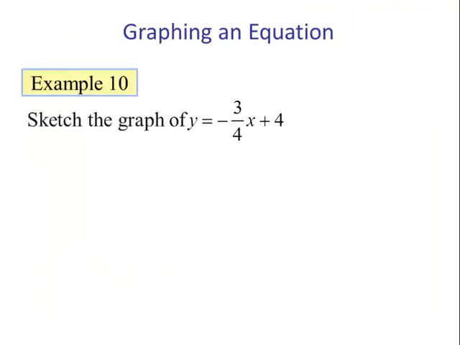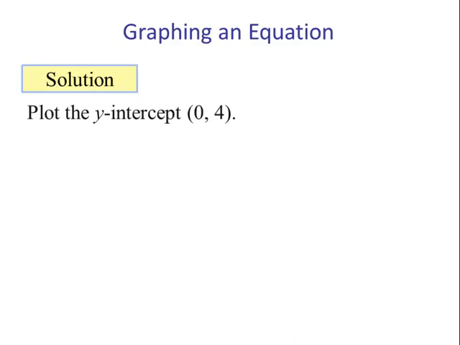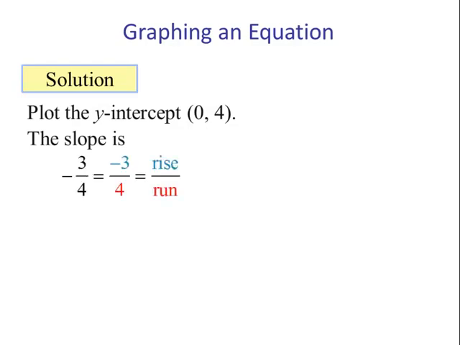Let's do an example. Sketch the graph of y equals -3/4 x plus 4. So we begin with the y-intercept, 4. The slope is -3/4, so again we could write this as a -3 over a +4.